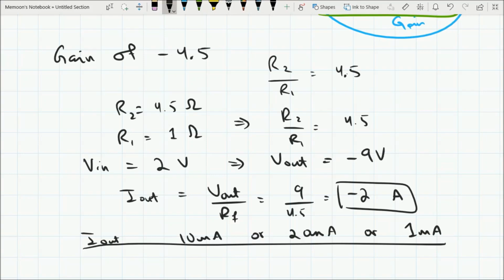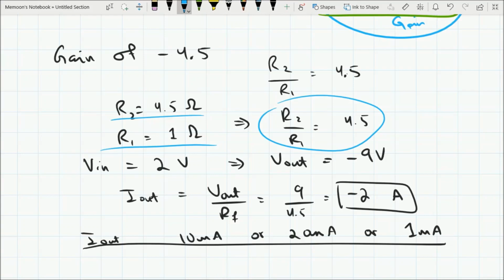But if we choose our resistors of these values, 4.5 ohms and 1 ohm, those are unrealistic values to provide the gain of 4.5. They result in a current of 2 amperes to be supplied by the op amp, but the op amp cannot supply a current of 2 amperes.